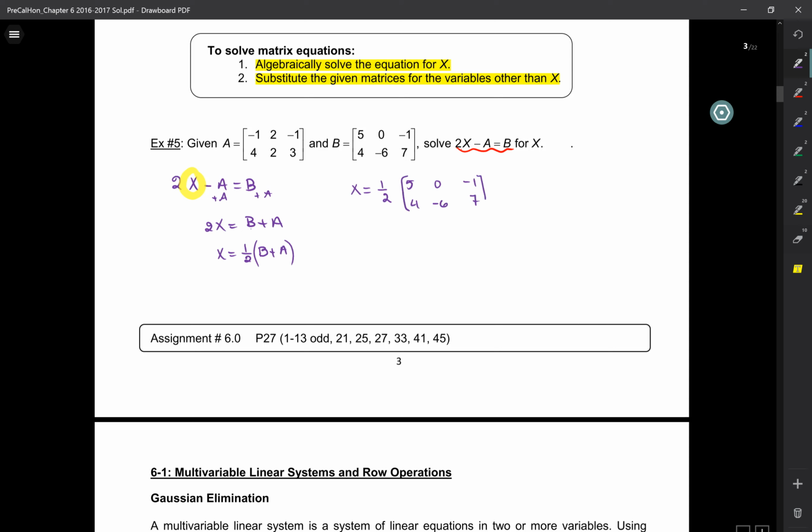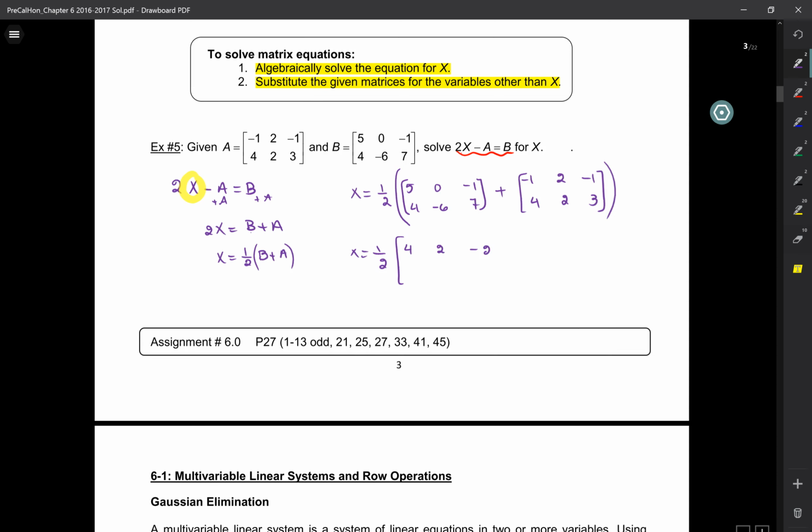That's B. And I want to put this in a bigger parenthesis, plus A. Okay, so x is 1/2 times 5 minus 1, 0 plus 2, negative 1 plus negative 1, 4 plus 4, negative 6 plus 2, 7 plus 3.